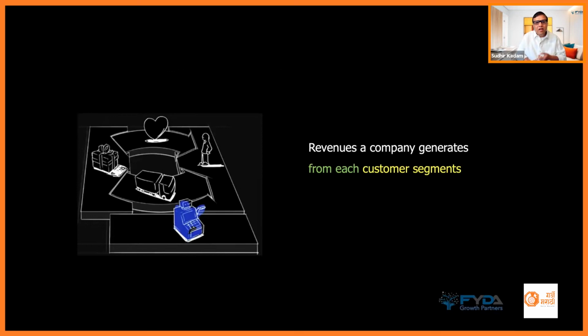If the value proposition is the heart of the business model, then we say that the revenue streams are its arteries, which is going to drive the business model. So you're going to be asking questions like, who will pay you? Is it the consumer? Is it the business?